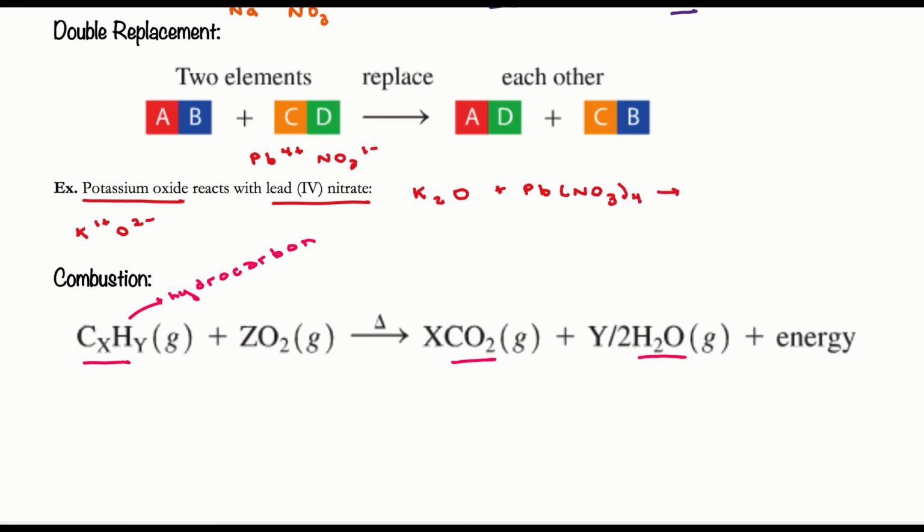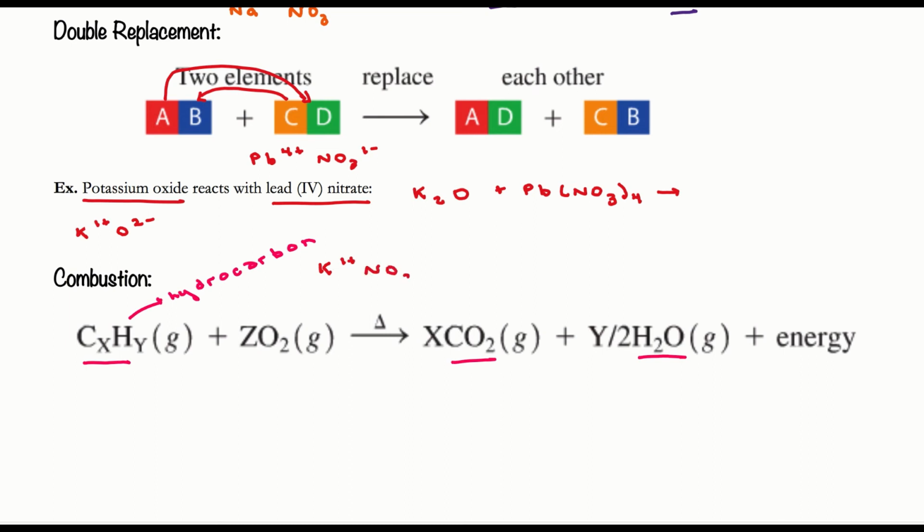So notice here, now A and D will form a compound, and C and B will form a compound. And again, we're going to get into this in grueling detail, we'll actually spend a couple of lessons on double replacement reactions. But following this up above, what I know is that potassium will now form a compound with nitrate.